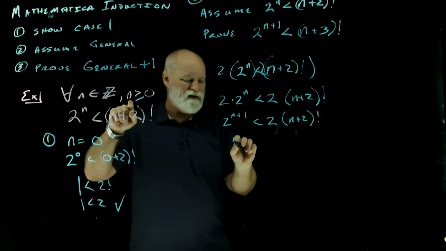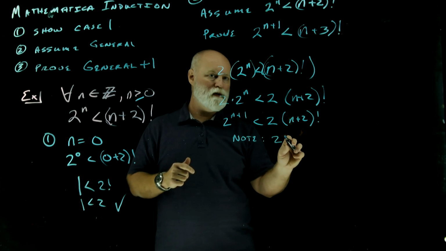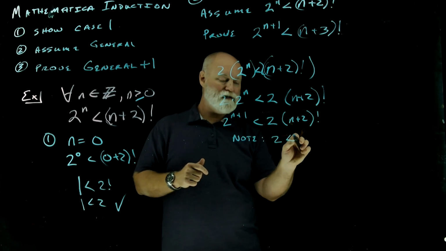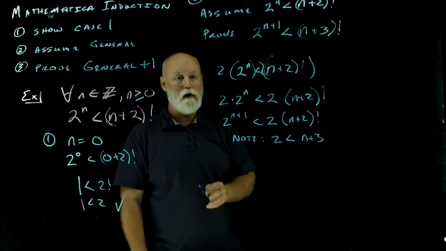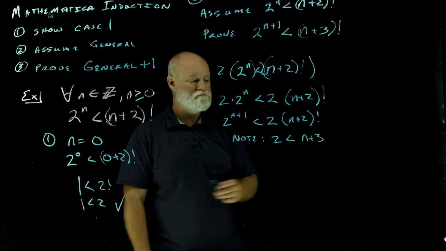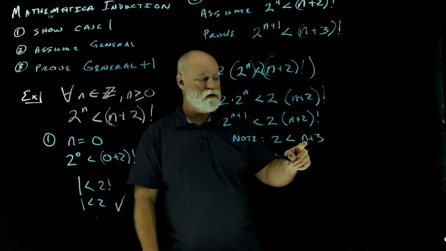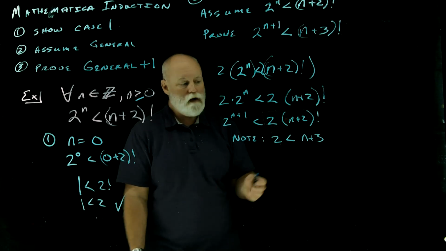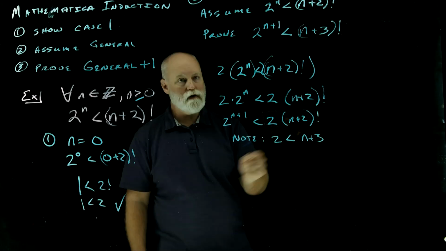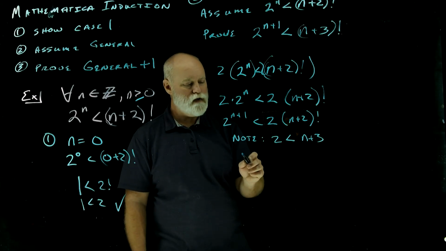So a piece we need to note here is that 2 is going to be less than n plus 3 for all values of n. Because when n equals 0, that's 0 plus 3, which is still greater than 2. So from the very beginning, we know that n plus 3 is going to be larger than 2 for all values of n.